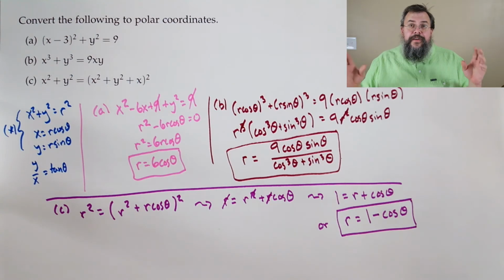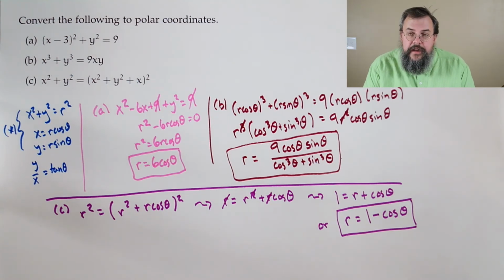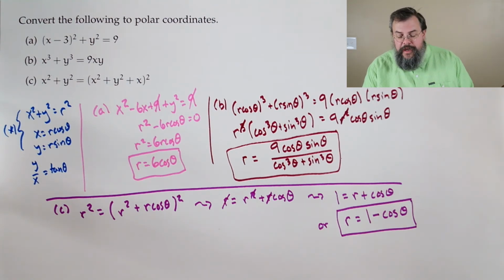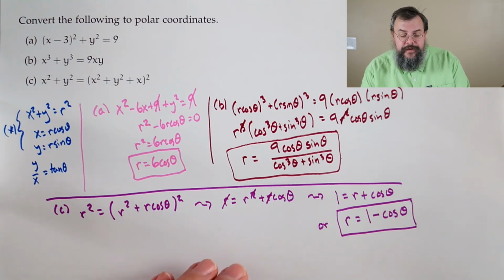Crazy. Who knows if we'd be able to understand it. But now we're able to get a rough idea of what this looks like. Now, you might say, well, we don't really know what it looks like, do we? We will next time. We're going to talk about plotting things in Cartesian coordinates.